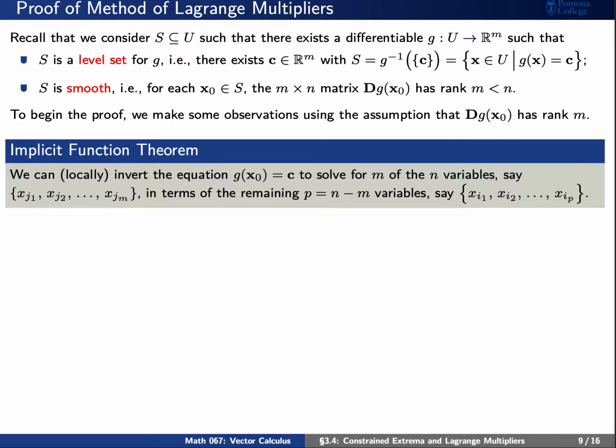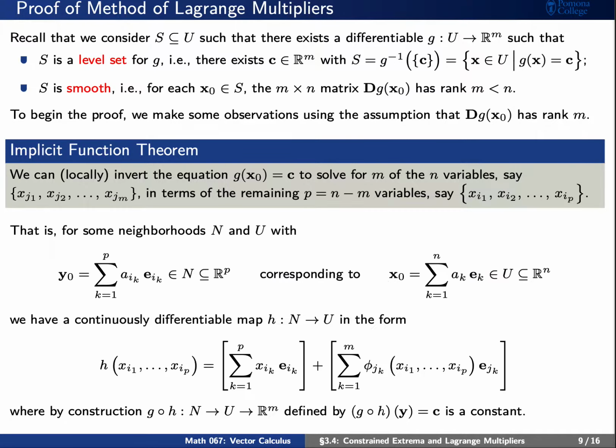Let's call those variables x_j1, x_j2 through x_jm, in terms of the remaining p = n minus m variables. Maybe we'll call those x_i1, x_i2 through x_ip. So again, we can write the first m variables in terms of a nice collection of p variables. This might look familiar to you from linear algebra.